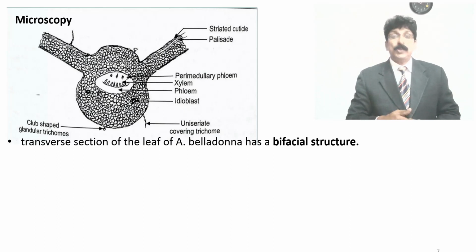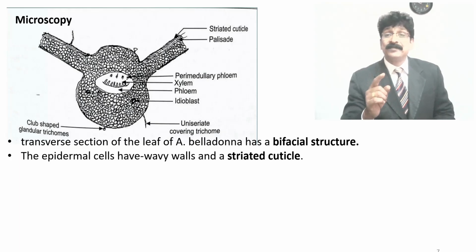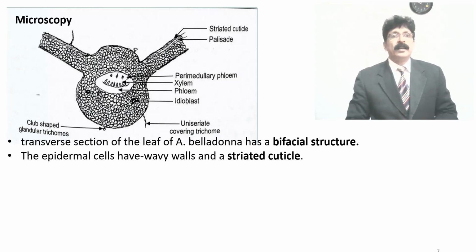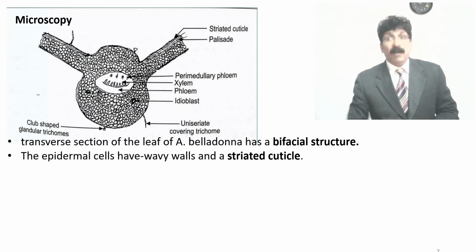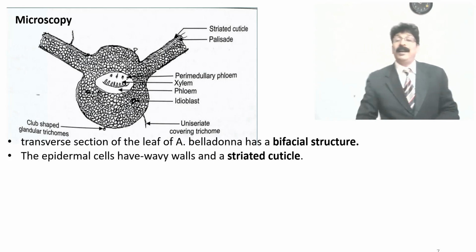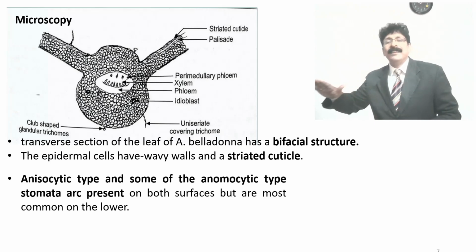So you can see that the transverse section of the leaf of Atropa belladonna has a bifacial structure. Students have to write very clearly. The epidermis cells have wavy walls and a striated cuticle. The thick, dark green cuticle can be seen.